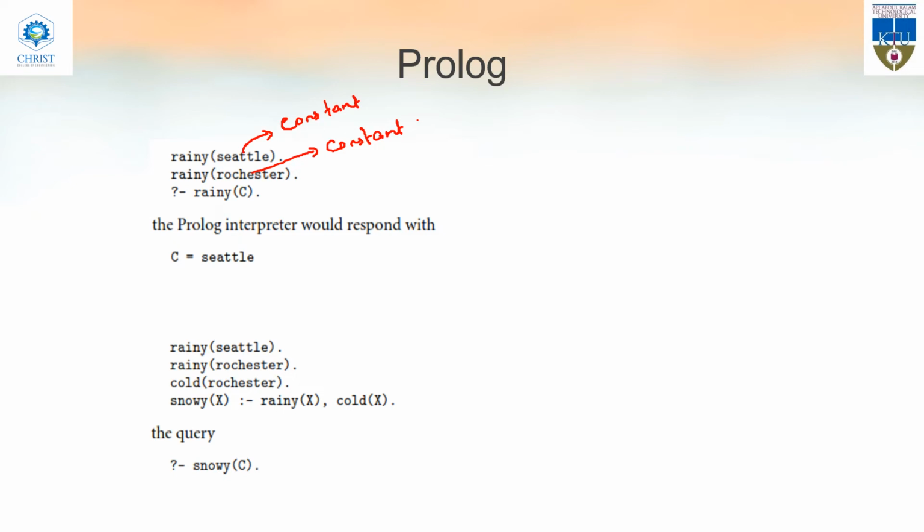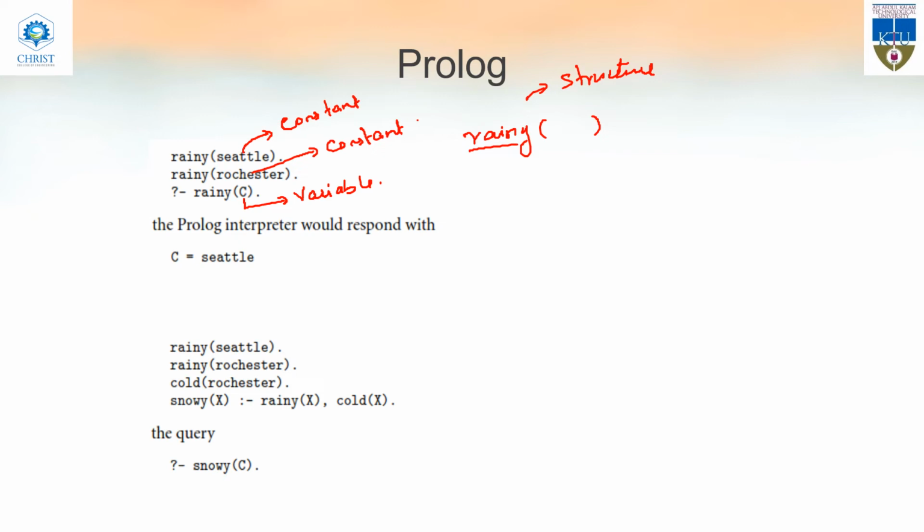And here C, you know that it is a variable. C is a variable because it starts with a capital uppercase letter. And rainy, you are writing something in brackets after the name, so this is called a structure.